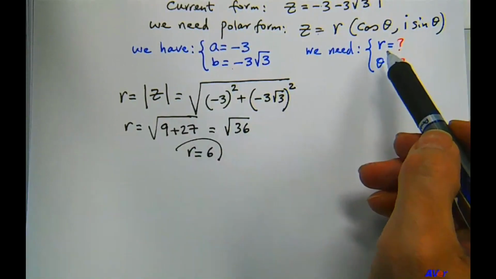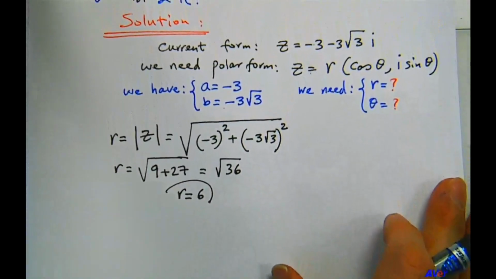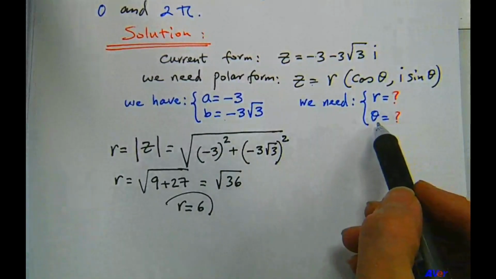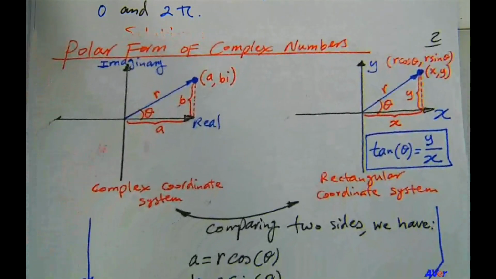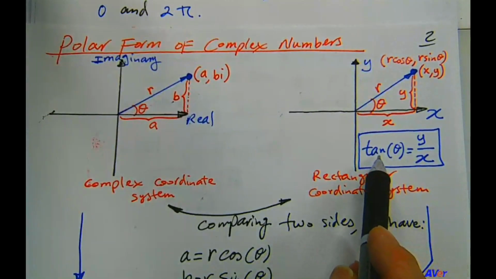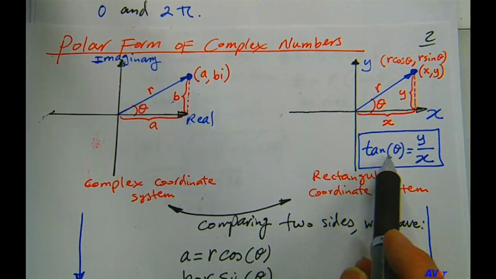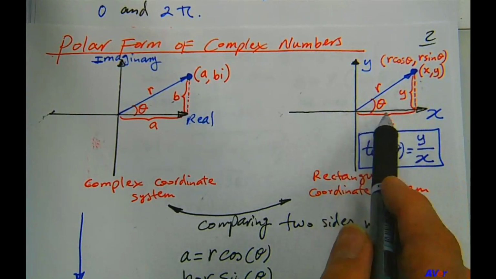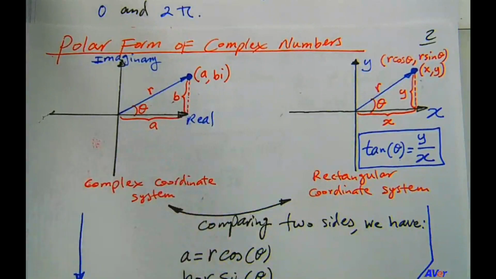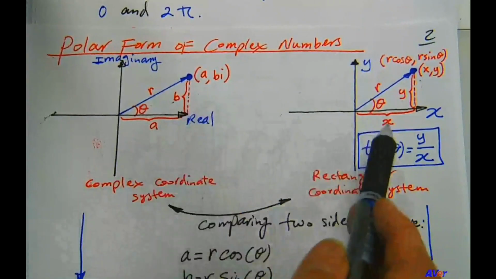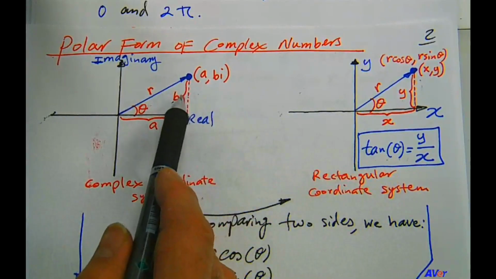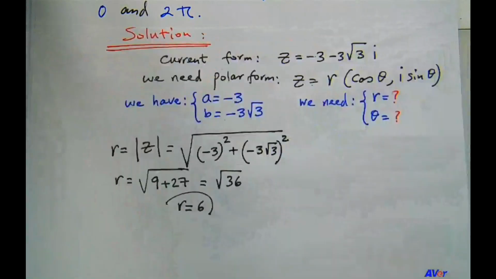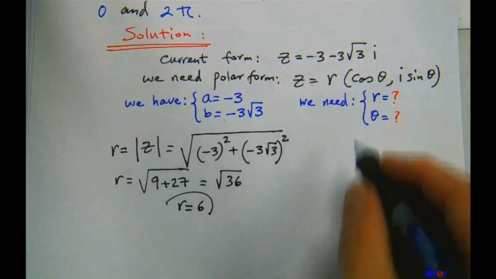Let's see. What do we do with theta? How can we find theta? Well, let's bring back that previous slide. We do have a formula that says tangent of theta equals y over x. But in the complex coordinate system, y is b and x is a. So tangent theta is equal to b over a. Let's calculate it.